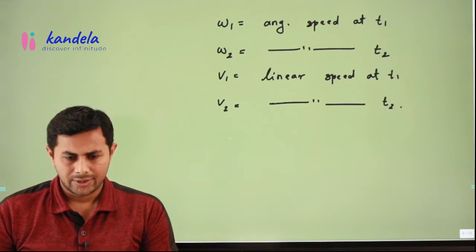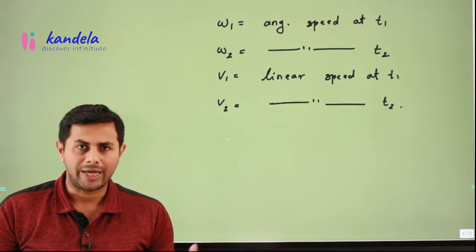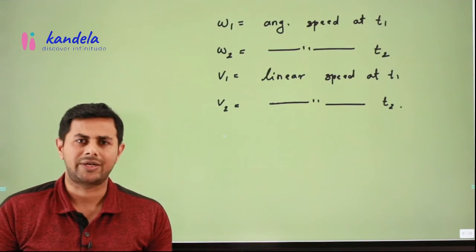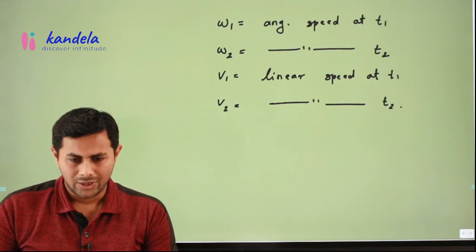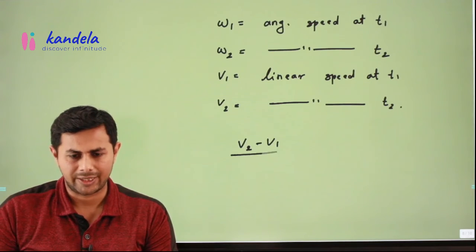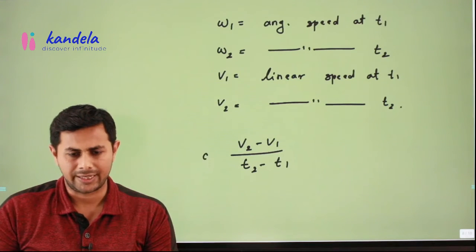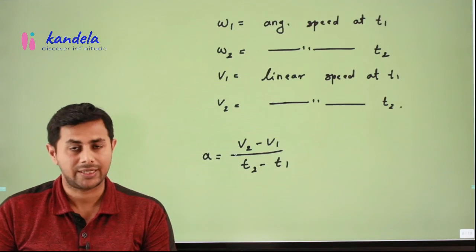So I want to find out acceleration. What will be acceleration? It is change in speed divided by time. So v2 minus v1 divided by t2 minus t1 is my linear acceleration, and what is that equal to?